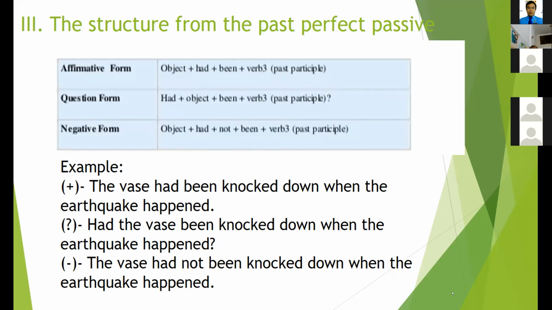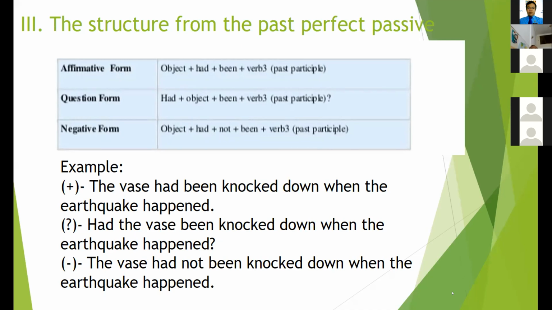Yes. About the negative form: object plus had plus not plus been plus verb 3. For example, the vase had not been knocked down when the earthquake happened. To make a negative past perfect passive structure, just insert not between had and been.